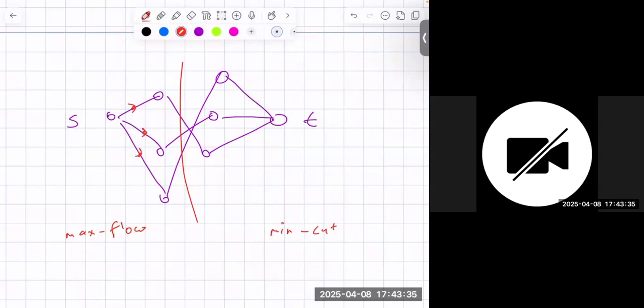A cut means that after I do the cut, the graph becomes disconnected. It's not connected anymore. But I want to do the minimum damage. What is the minimal number I could get? Turns out these two questions give you the same answer. As optimization problems, they're equivalent. If you solve one of them, you solve the other.